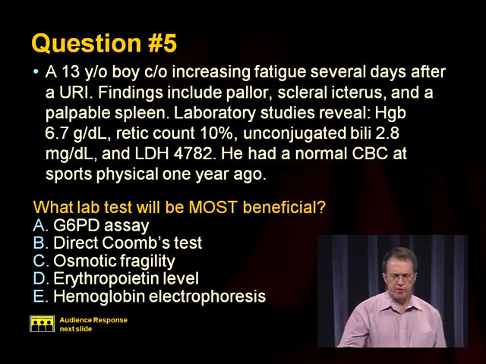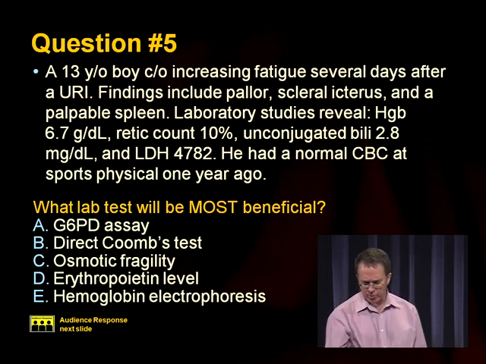Laboratory studies reveal a low hemoglobin, a reticulocyte count of 10%, unconjugated bili of 2.8, and an elevated LDH of 4,782. He had a normal CBC at a sports physical 1 year ago. What lab test will be most beneficial? G6PD, direct Coombs, osmotic fragility, his EPO level, or hemoglobin electrophoresis?